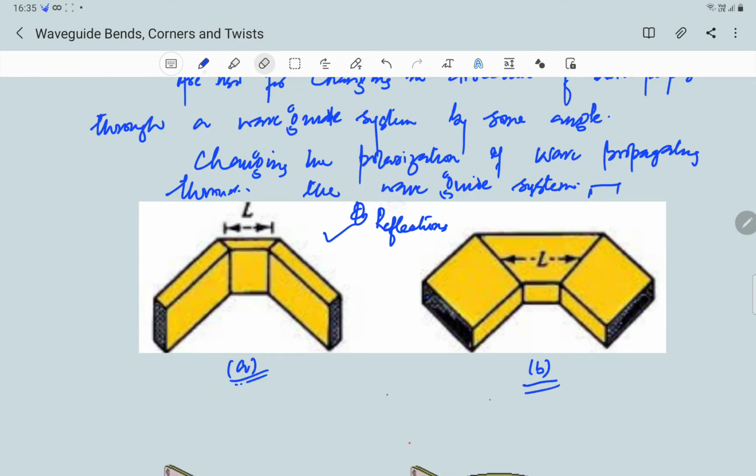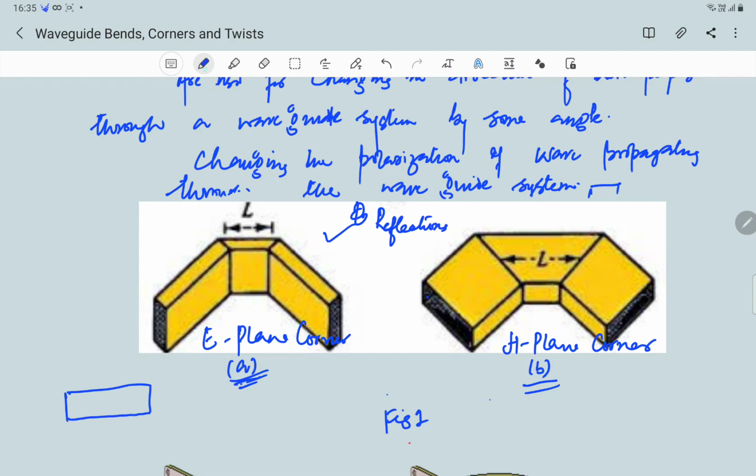Further, this corner is represented in figure 1a. Figure 1a is the E-plane corner, and this is our H-plane corner. The reason is that if we have this as the cross section of a waveguide, the electric field for the TE10 mode would be maximum at the center and minimum at the ends.